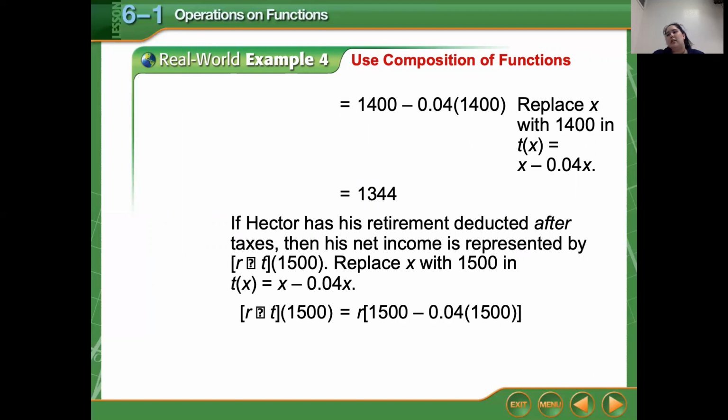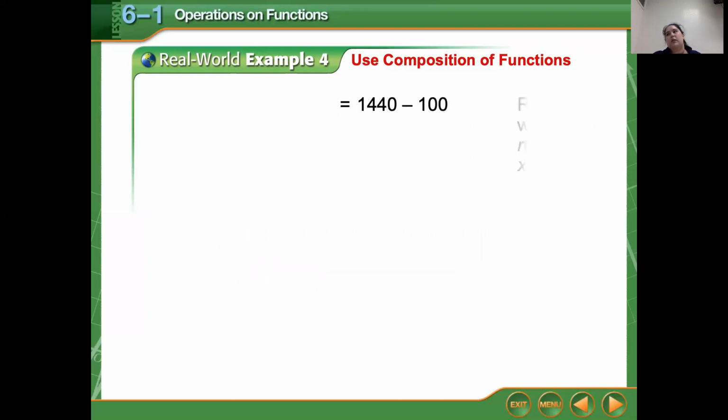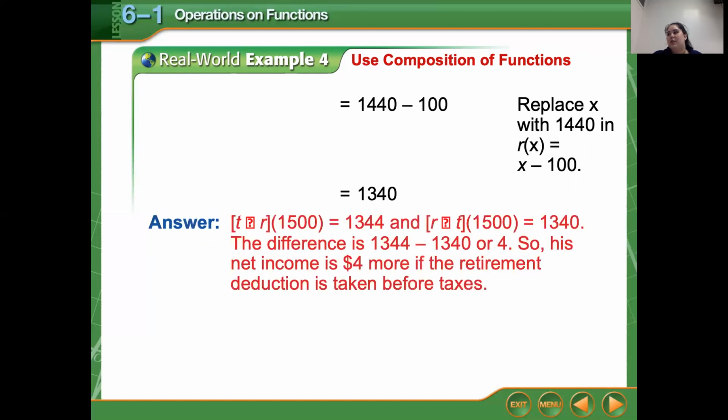If he has it deducted after he does taxes, we're going to do the same thing, R of 1,440. We get 1,340. So the difference here is about $4. He has $4 more to spend after taxes and after the deduction if he does the retirement deduction before he does tax.